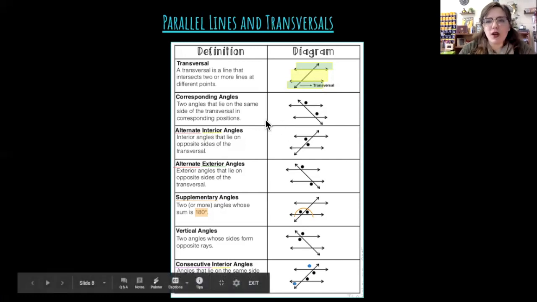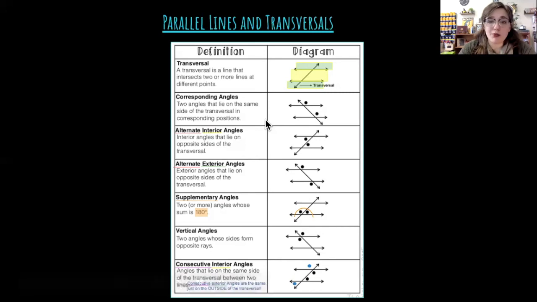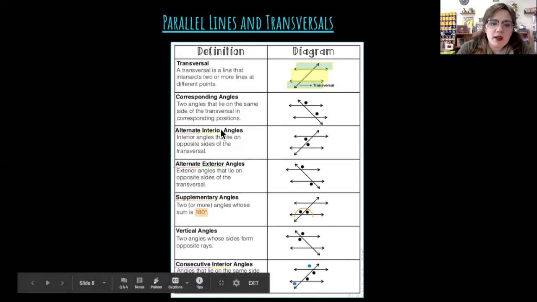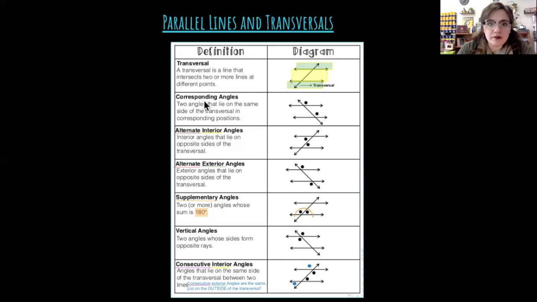So these are all definitions and rules that come up that we use to prove certain things are the same or different. Here we can start with our corresponding angles. Corresponding angles, long story short, are in the same location.